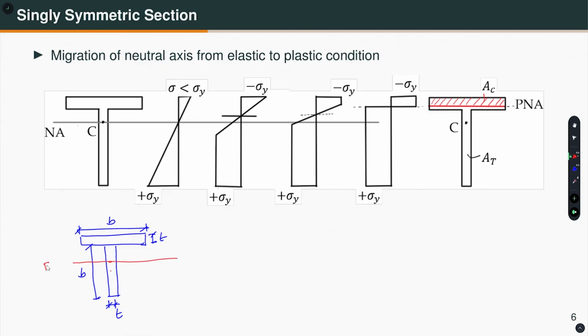So, let us say this is my elastic neutral axis. Where is the plastic neutral axis? Well, as you can see, this area is B into T and this area is also B into T. So, the plastic neutral axis will be here. It must divide the area into two equal parts. So, that will be the plastic neutral axis. As you can see, the elastic neutral axis has migrated. It does not remain at the same location for singly symmetric cross sections. That is the takeaway.